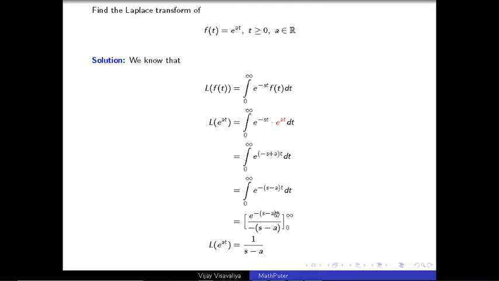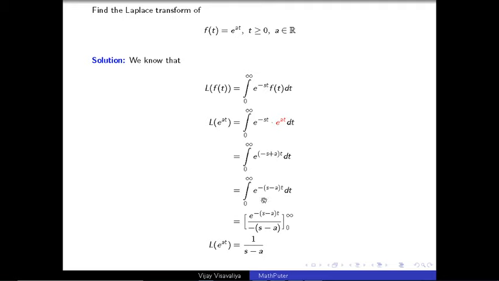Suppose a equal to 3 and s equal to 1. So 1 minus 3 is minus 2, and minus 2 into this minus is minus minus plus. Then this is e raised to 2t.